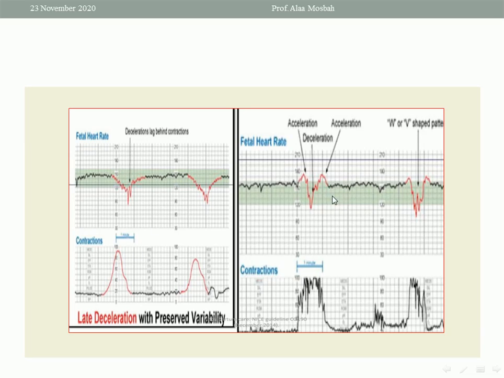As you see in this figure, there is acceleration here, there is acceleration here, and there is deceleration here. So this deceleration is associated with shoulder, okay, and we know the mechanism of it, as in this one.